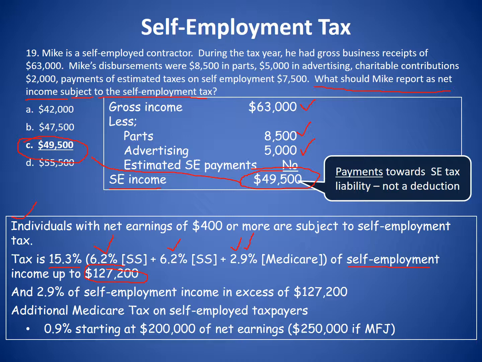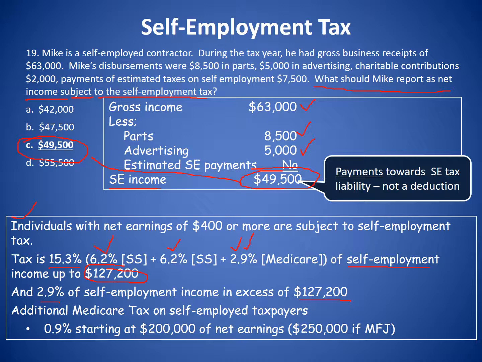It keeps on going. So what happens is that after the 127,200, you're still going to have 2.9% of self-employment income taxed in excess of the 127,200, and that's for the Medicare tax.